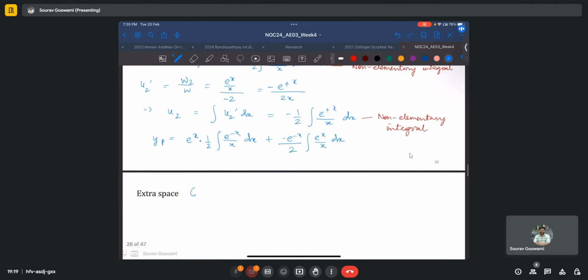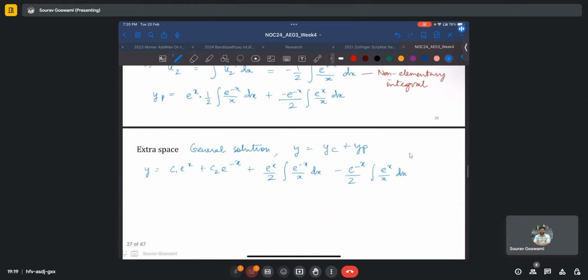And our general solution, of course, is a combination of the complementary function and the particular solution. So c1 e power x plus c2 e power minus x plus e power x by 2 integral e power minus x by x dx minus e power minus x by 2 integral e power x by x dx. This is the solution of the given ODE.